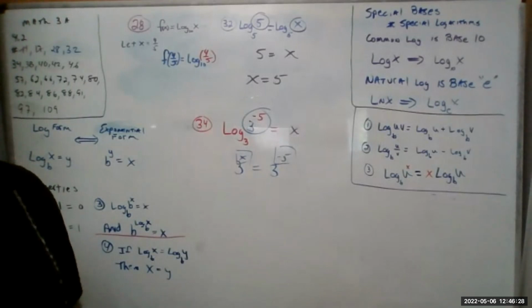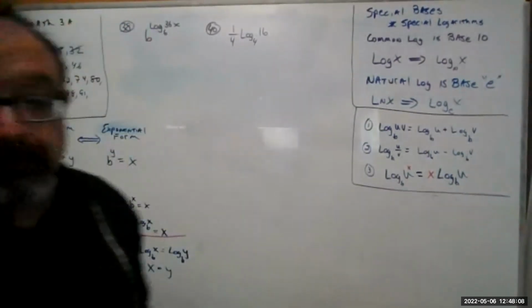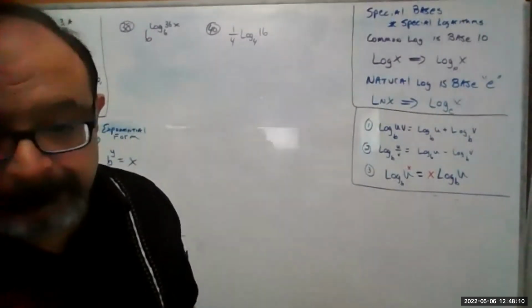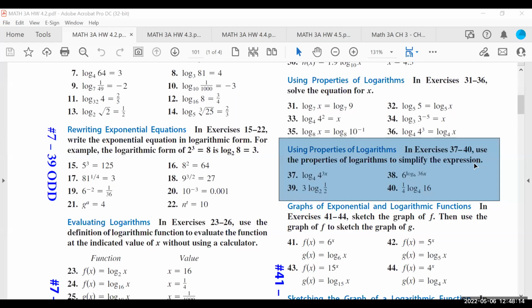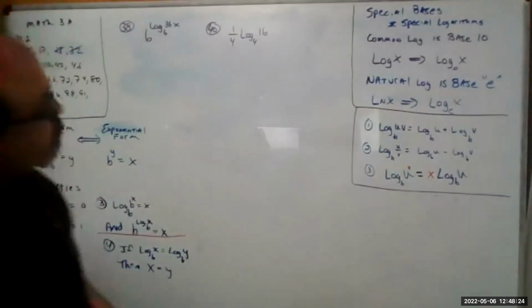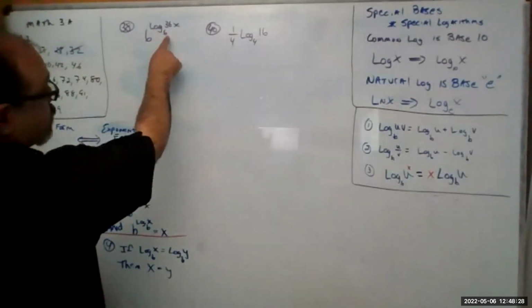Right. Next set. Okay, so for number 38 and 40, use the properties of logarithms to simplify the expression. So you're doing 37, 39, take a look at 38 and 40. 6 to a logarithm base 6.